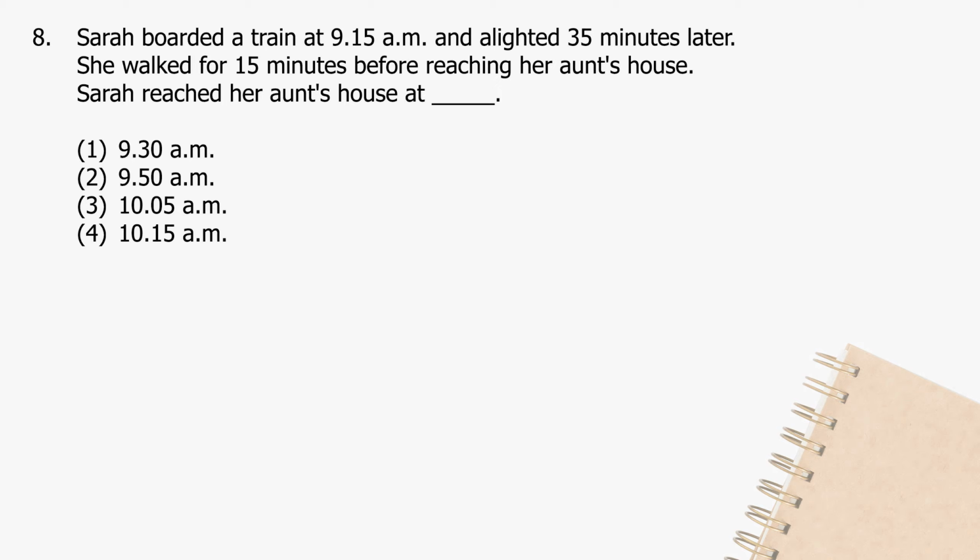Question 8. Sarah boarded a train at 9:15 a.m. and alighted 35 minutes later. She walked for 15 minutes before reaching her aunt's house. Sarah reached her aunt's house at.